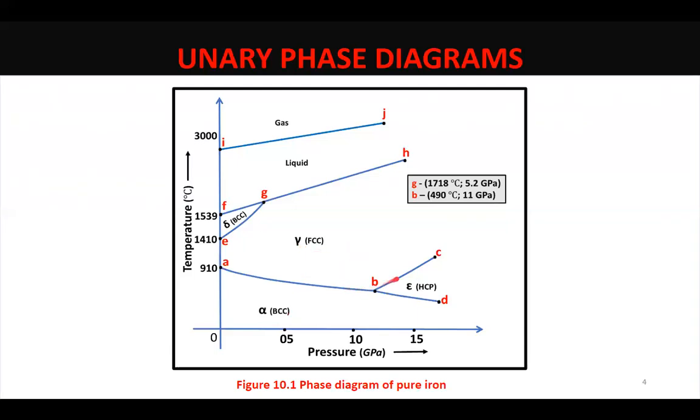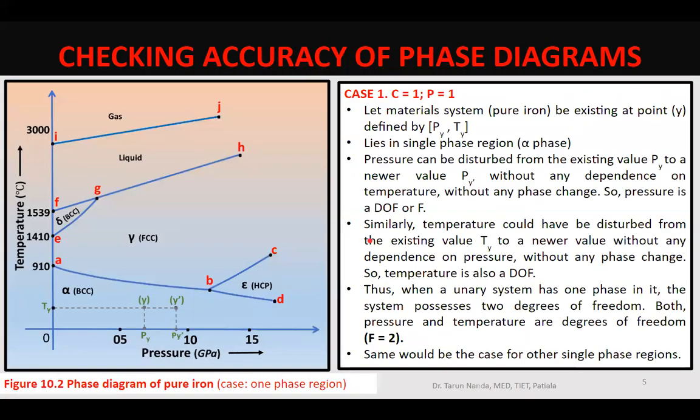So there are so many different two phase regions present in iron. And similarly, there are some three phase regions also. There are two three phase regions, or you can say triple points in pure iron. One is point G, which comes under these conditions, and the other is represented by point B, which happens to be at this temperature and pressure condition.